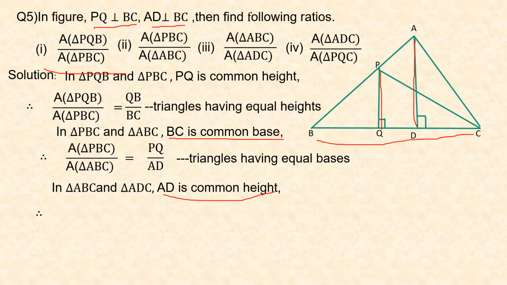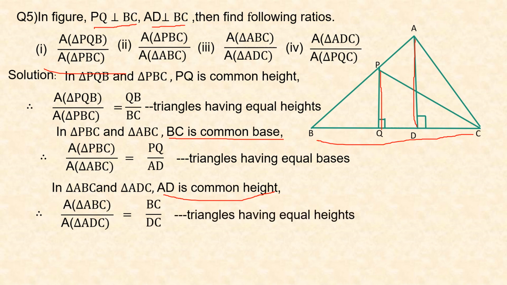Therefore, area of triangle ABC is to area of triangle ADC is equal to, their bases BC upon DC. Reason, triangles having equal heights. Next, area of triangle ADC is to area of triangle PQC.